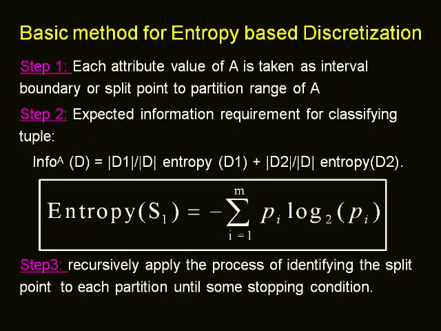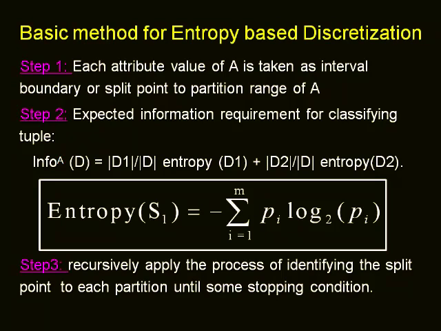This is ultimately equivalent to the attribute value pair with the maximum information gain. Similarly, we calculate the entropy of D2. We use the split point to partition the range of A into 2 intervals corresponding to this split point. So in a nutshell, step 2 basically determines the expected information requirement for classifying the tuple.